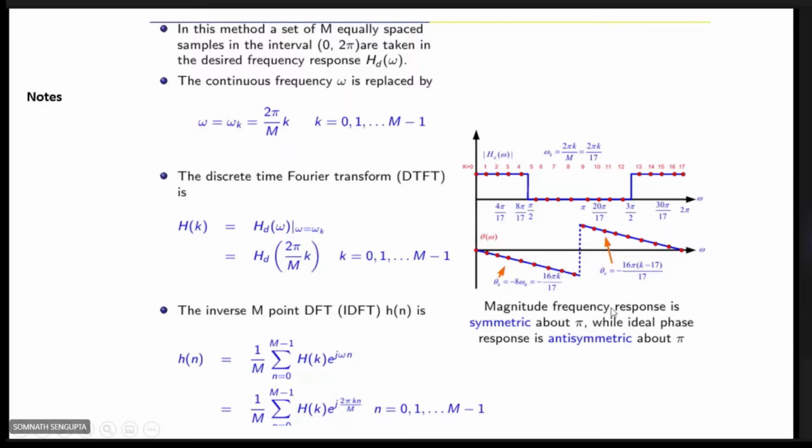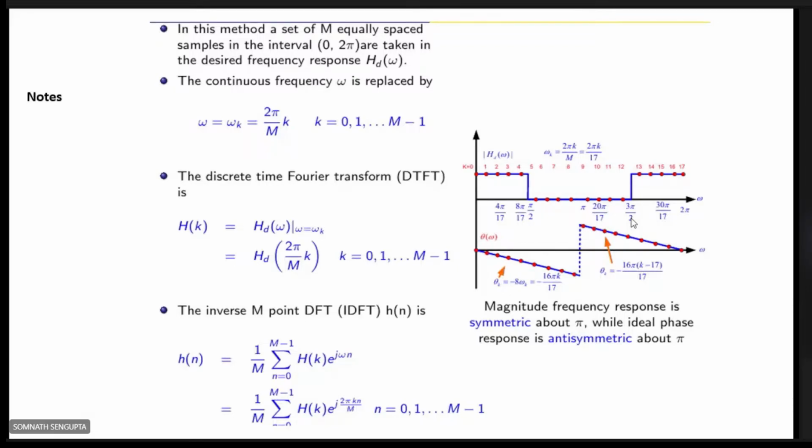Now, the magnitude frequency response is symmetric about pi. Obviously the range is actually minus pi to pi or 0 to 2 pi. It is the same thing, but shifted to the positive frequency side.